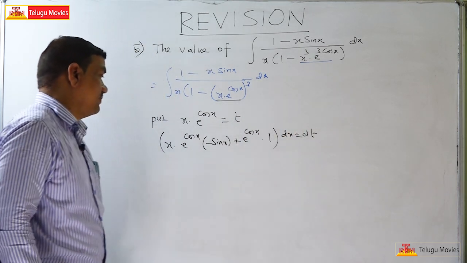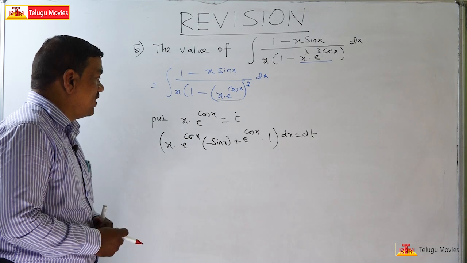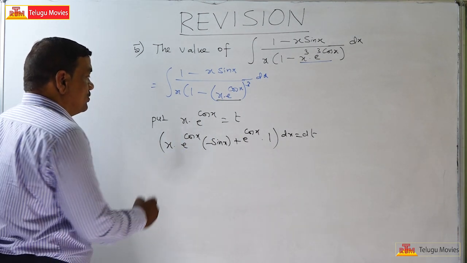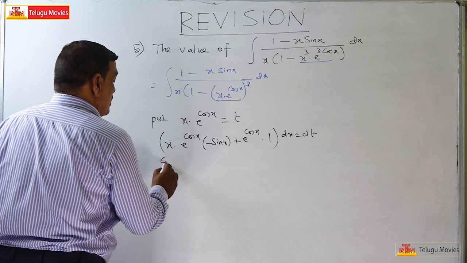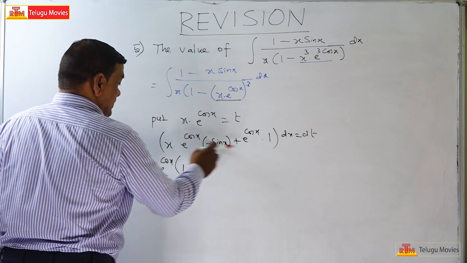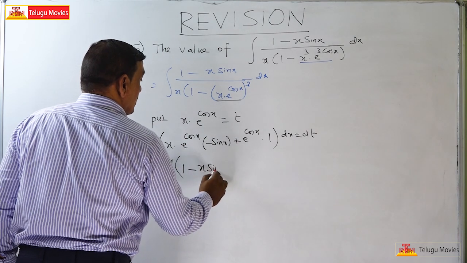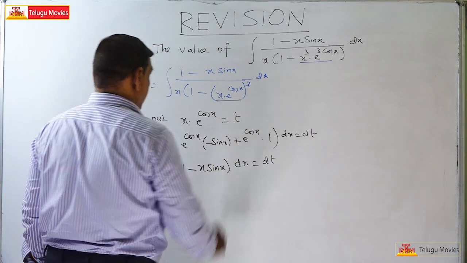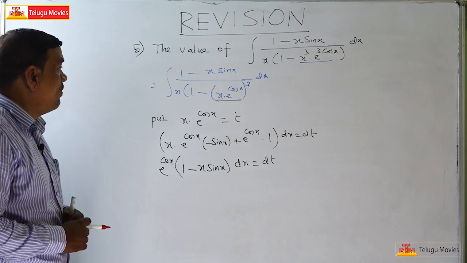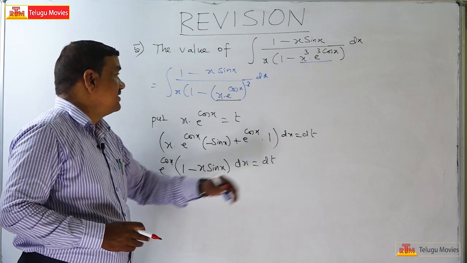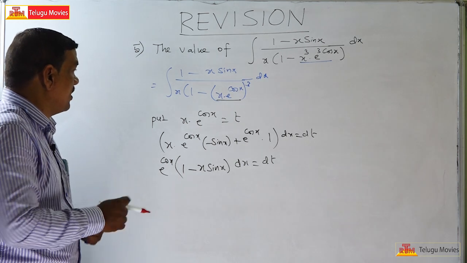Okay, now right. Here anything can be taken common outside. We can take e power cos x common outside. So therefore e power cos x, this is 1 minus x sin x dx is equal to dt. So e power cos x into 1 minus x sin x dx is equal to dt. Okay, now right.